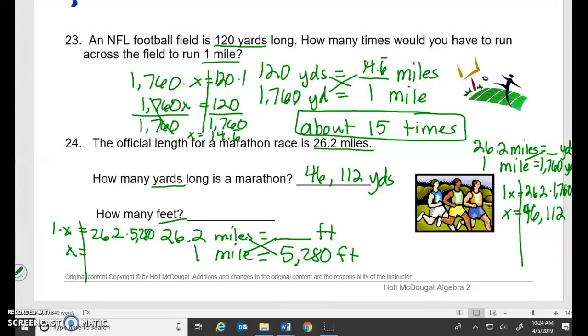X equals, do your math, what do I end up with? 138,336. Okay, somebody check that answer. Let's make sure we have it. It's correct. Remember, whenever I use the calculator, I always enter it in twice to make sure. Okay, so I end up with 138,336 feet.